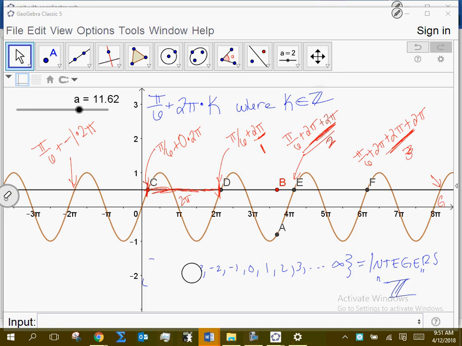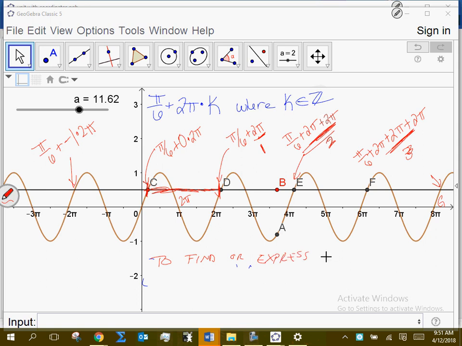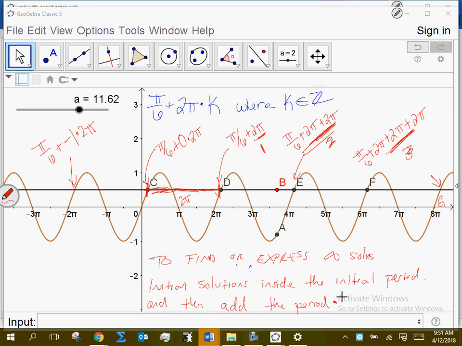And you might want to write it this way, or write a sentence here, that in finding, or maybe expressing, infinite solutions, you're going to take your initial solutions inside the initial period, and then add the period times K, where K is an element of your integers.